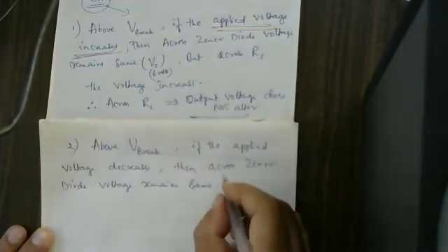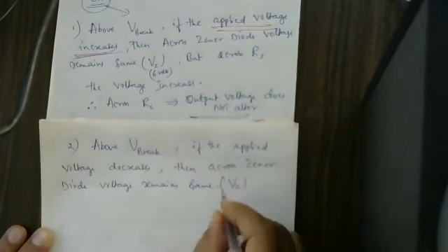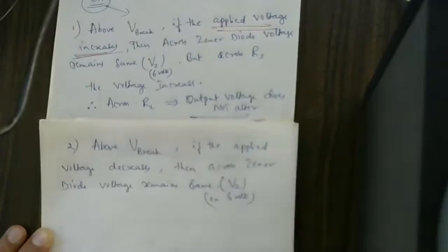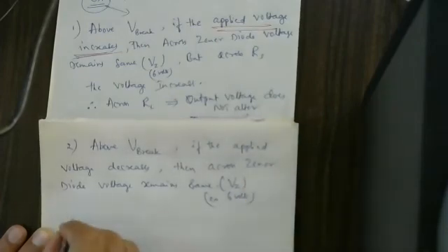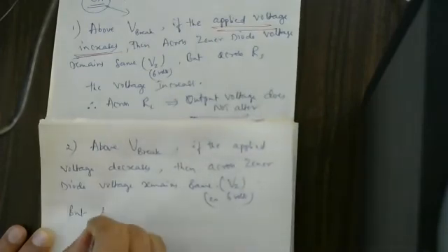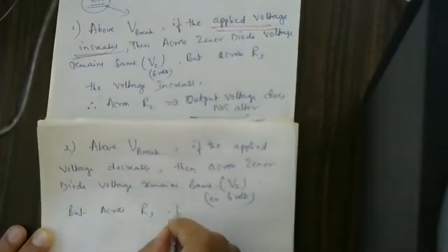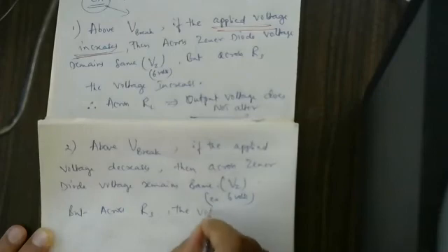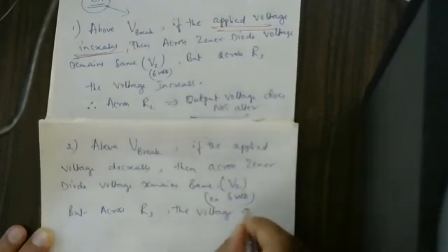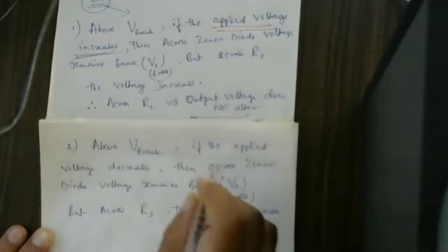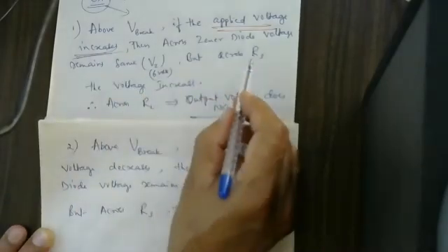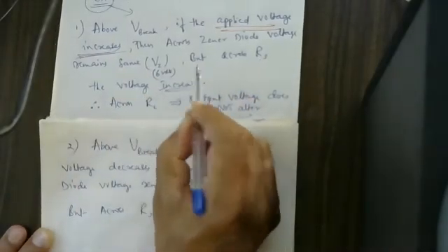Voltage remains same. How much is it? VZ only. How much was it? Example, 6 volts only. But across RS, the voltage decreases. If it increases, across RS the voltage goes on increasing.